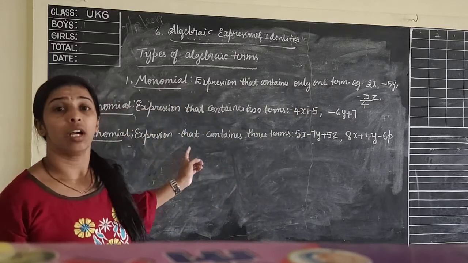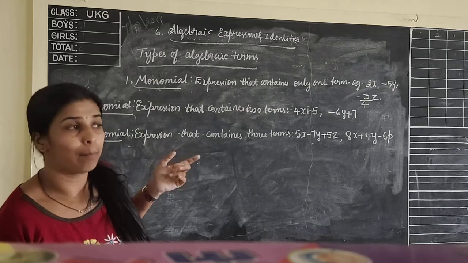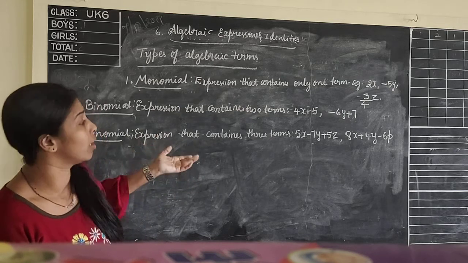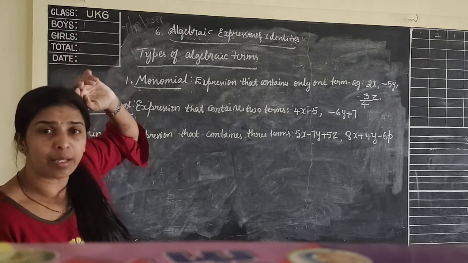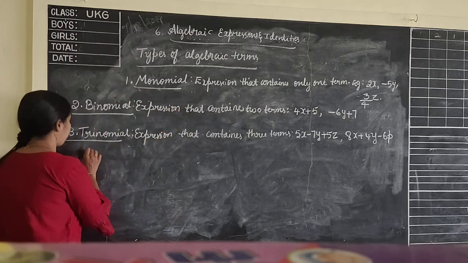Okay. Next, more than 3 terms goes for the polynomial. Polynomial, any number more than 3, 4, 5, 6. Any number of terms, if it comes, it is called a polynomial.